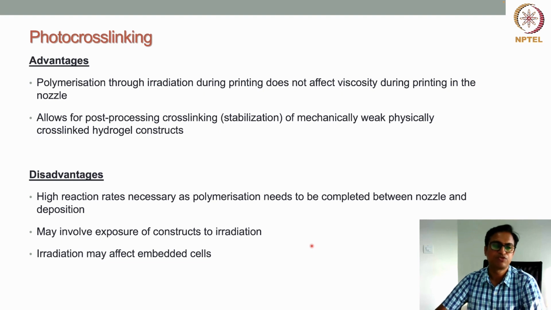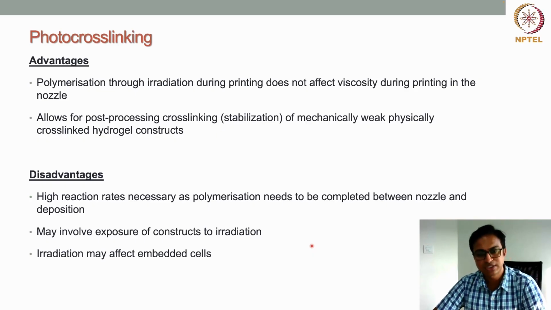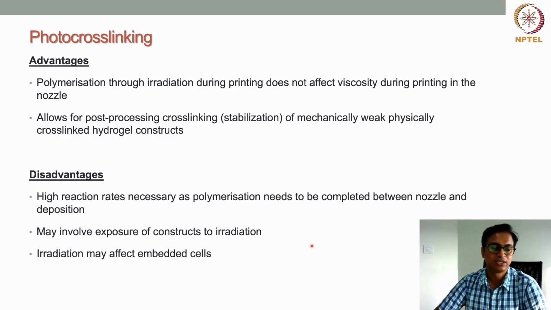Then you have to select a cross-linking that is very fast. Ionic cross-linking is very fast, so if your system allows ionic interaction to be introduced, you can go for that.